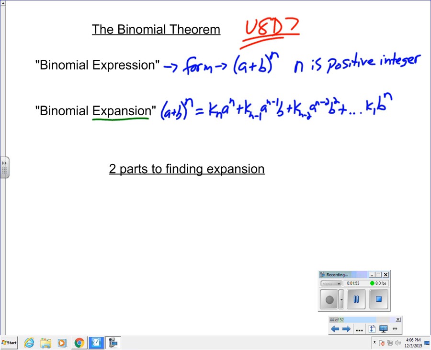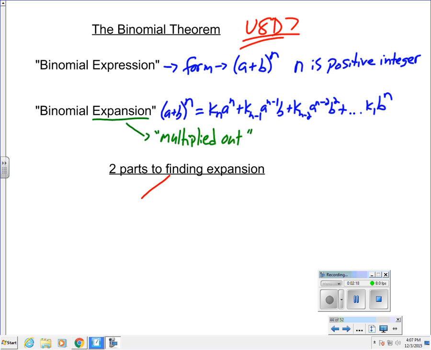So expansion just means multiplied out. Obviously, if n was 10, it'd be very difficult to actually multiply a binomial 10 times by itself and write all that out. So this theorem is a simpler way of doing that without actually multiplying out.